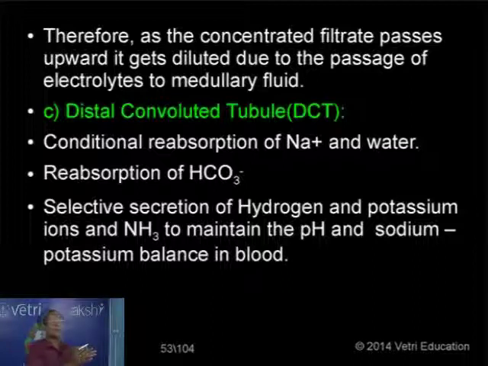More and more electrolytes leave the filtrate, so that once the filtrate reaches the upper region of the ascending limb, it loses its hypertonicity and becomes diluted. This is because of the passage of electrolytes. The electrolytes are moving away. That's why the concentration of the filtrate decreases.